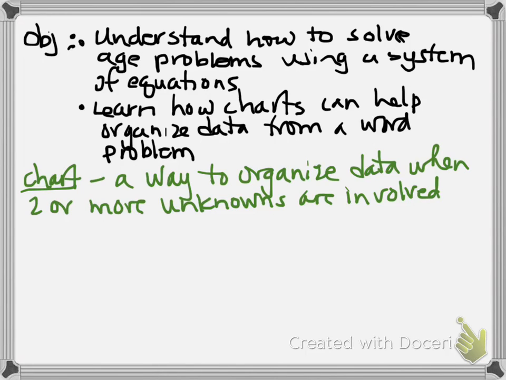Okay? So every day I'm going to share a chart with you in most of the problems, and I'm going to show you how it alters for the particular kind of problem we're working on. So our chart is only going to be focused, for age problems, on how we define people's ages. And we're going to use those definitions to create some equations based on what we read in our problems.